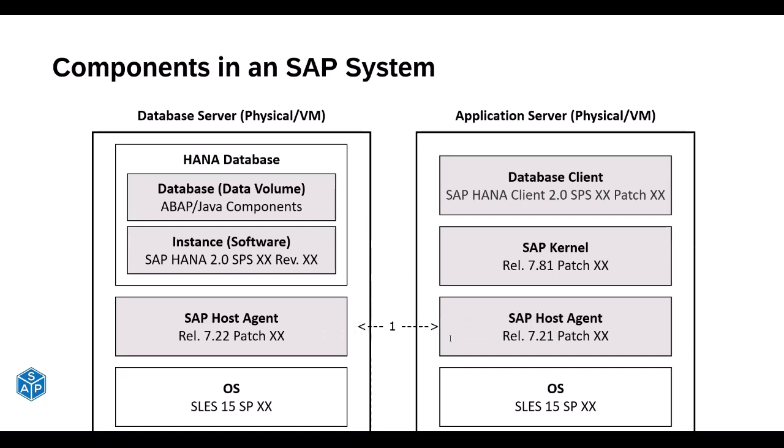This is the SAP host agent which can be upgraded on your database as well as your application server. Then on the database part, you can upgrade your database software. On the application server, after host agent, you can upgrade your kernel, then your database client, and in the last come your components.